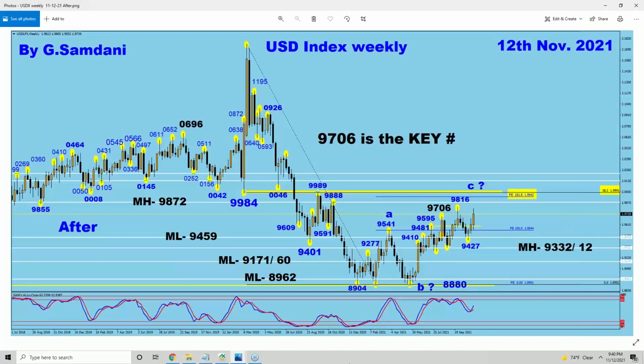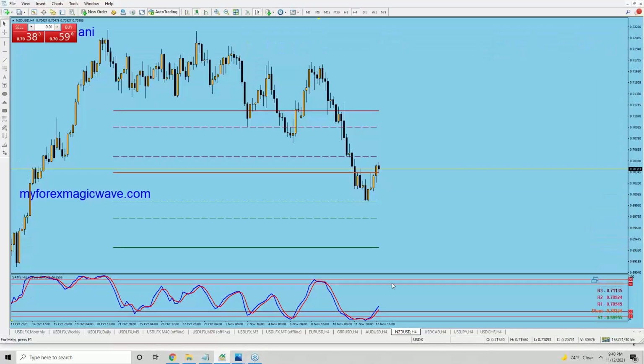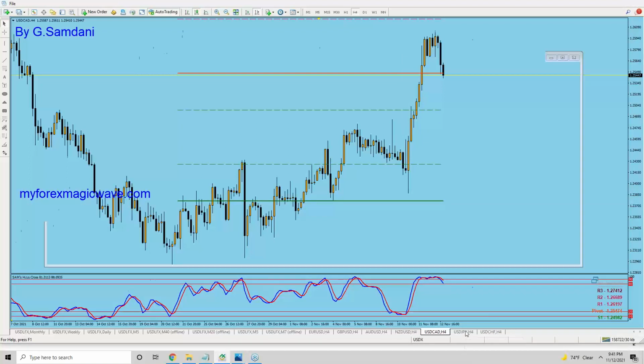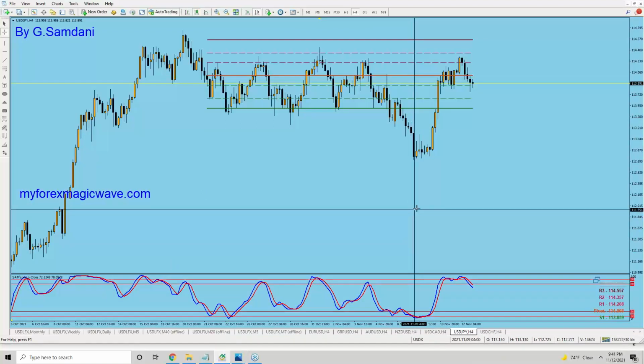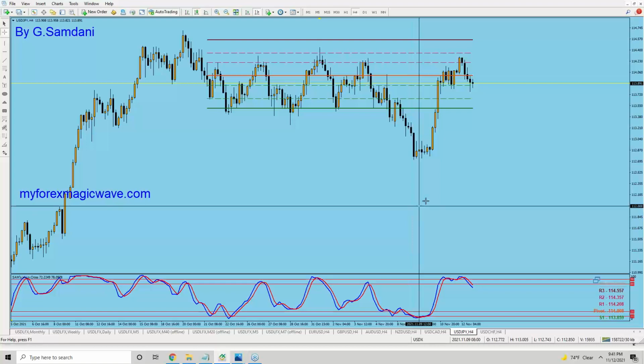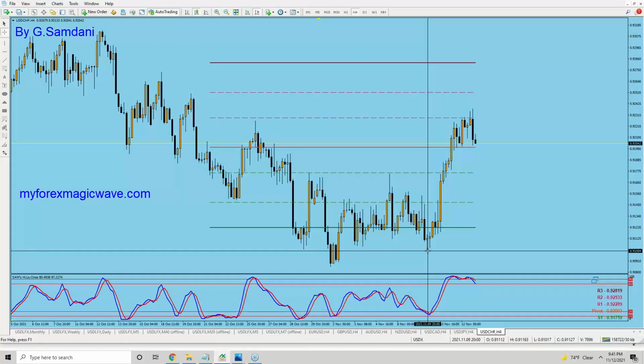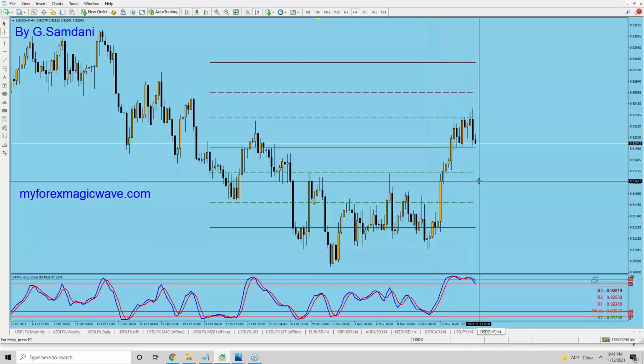So with the index getting strong, 4 of these pairs went down. The 3 other pairs, which have the USD on the left-hand side, are supposed to go up, right? Look at that. USDCAD up from here, November 10th. And then USDJPY started to go up November 9th, and USD franc went up November 9th and on.